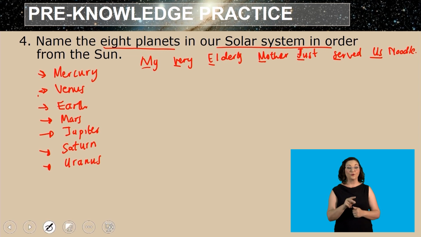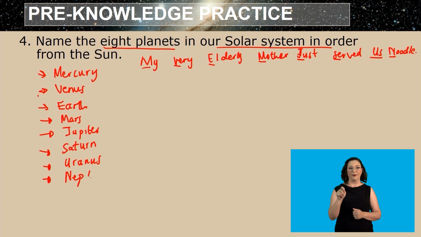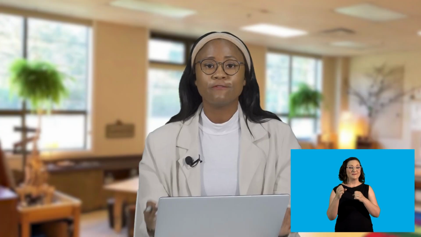And then N there for noodles is for Neptune. Remember, those are our 8 planets in our solar system in order from the sun. All right. Now let us move on to the next question.